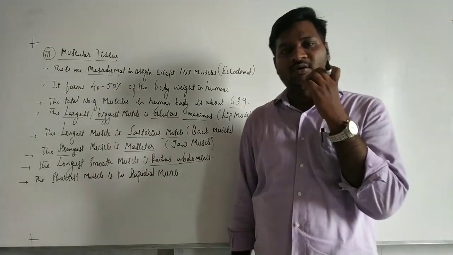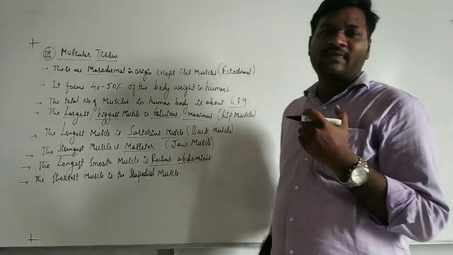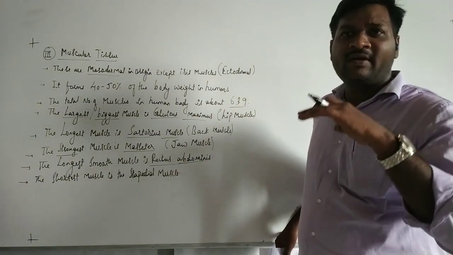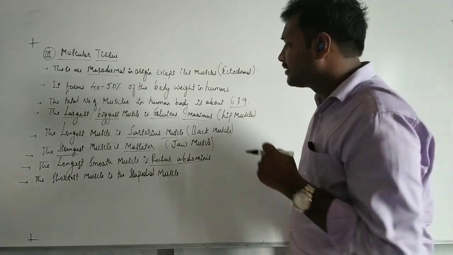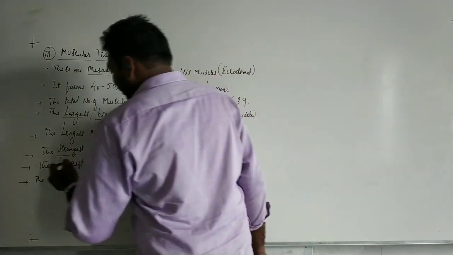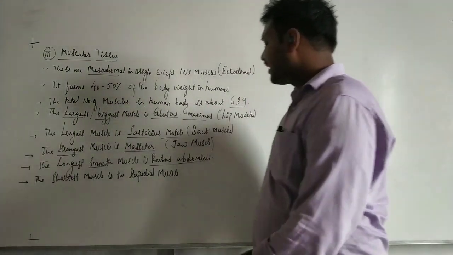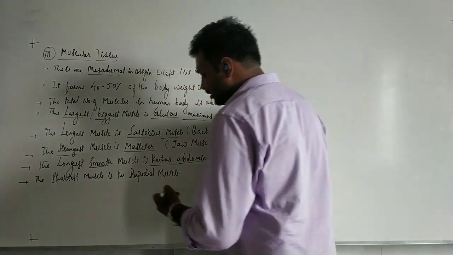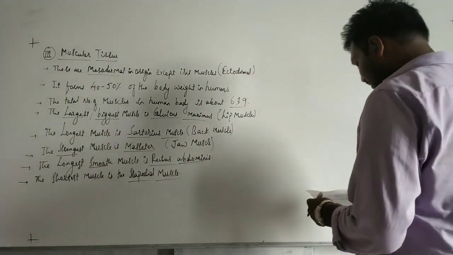See our jaws, they have very strong muscles. When we bite any harder substance, we can chew it and grind it, due to the presence of such strong muscles in that portion. Then the longest smooth muscle is the rectus abdominis, and the shortest muscle is the stapedial muscle.